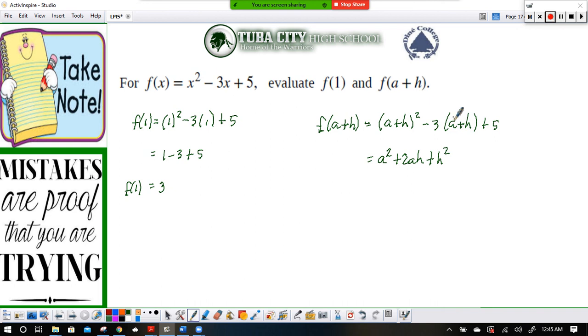And then using the distributive property in this group, we get negative 3a minus 3h plus 5. And then we simplify by combining like terms. We get a squared. Well, this is actually simplified. Let me just rewrite. Plus 2ah plus h squared minus 3a minus 3h plus 5.